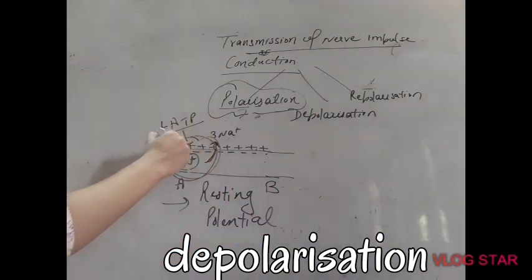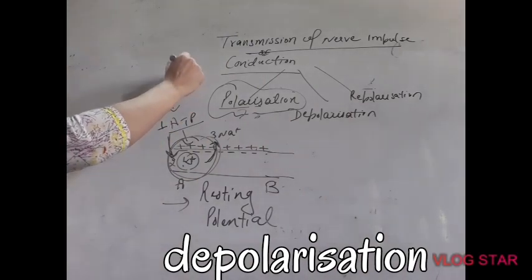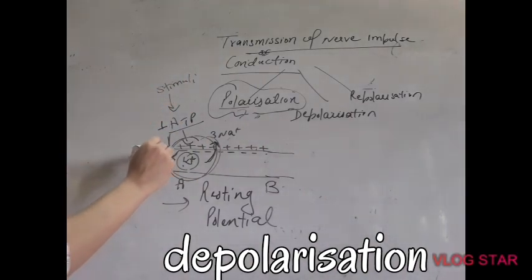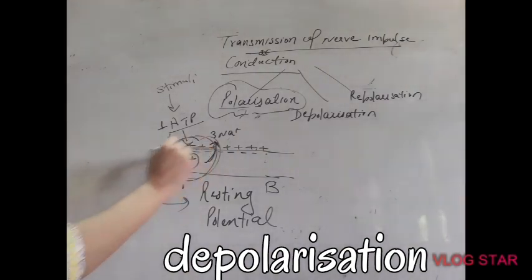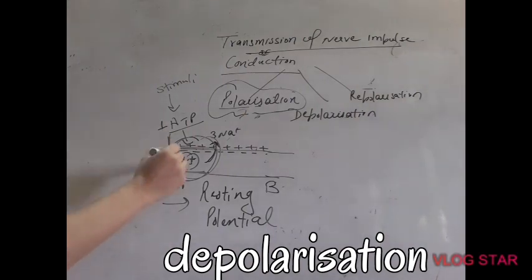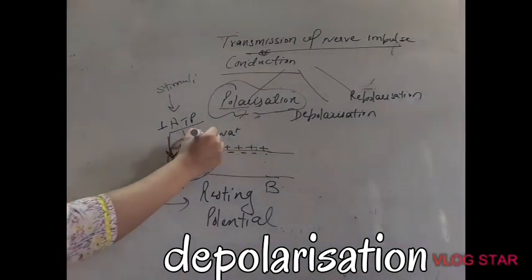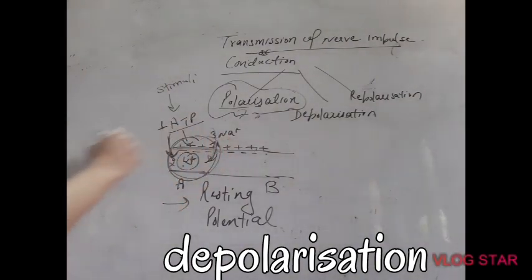At A site, when it receives any stimuli, then at that particular point the axon membrane becomes freely permeable to sodium ions. As a result, sodium ions now move inward, the reverse will happen.